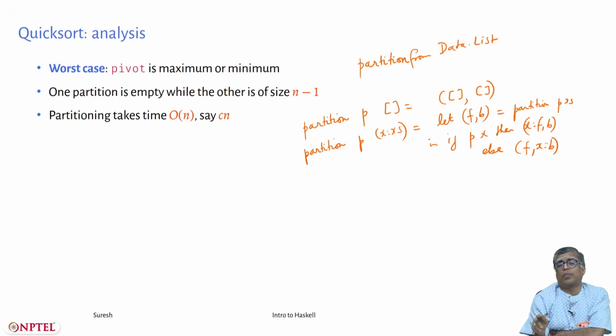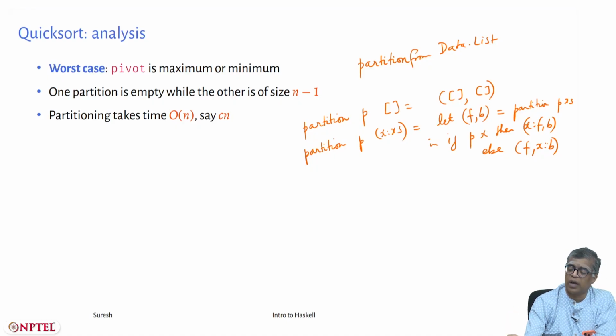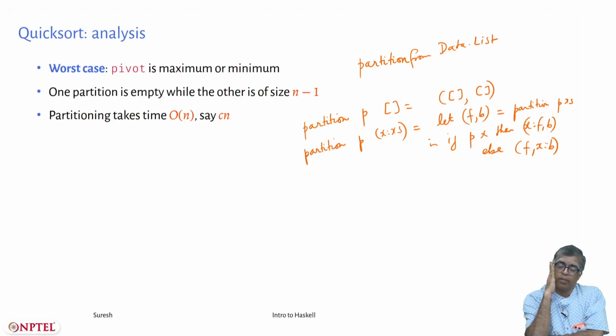Depending on whether P is true of x or not, you will either put it before f or before b. Okay, so this is partition, and clearly it takes order n time because there are n recursive calls at most, right? Okay, good.